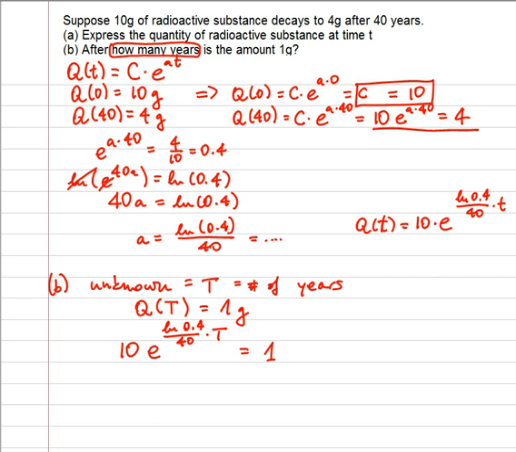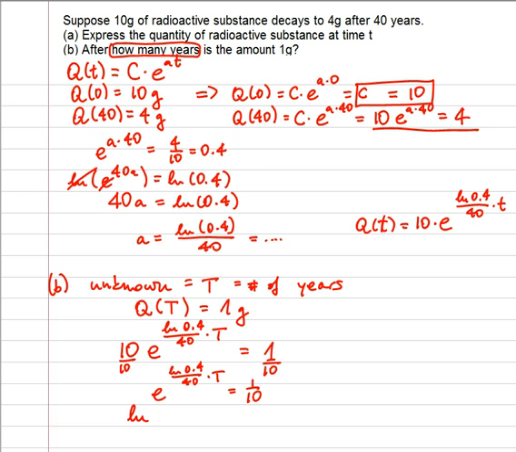We solve this exponential equation. We divide by 10 on both sides. We get e to the ln 0.4 divided by 40 times T equals 1 over 10. And then take ln.